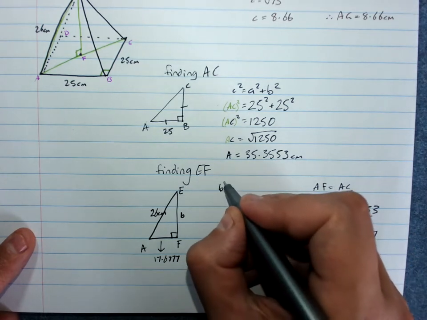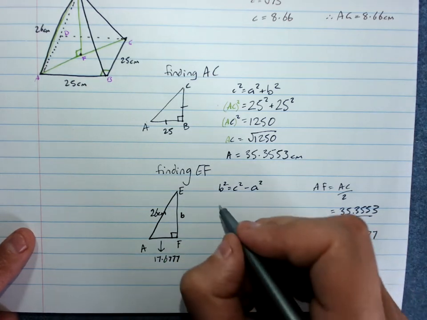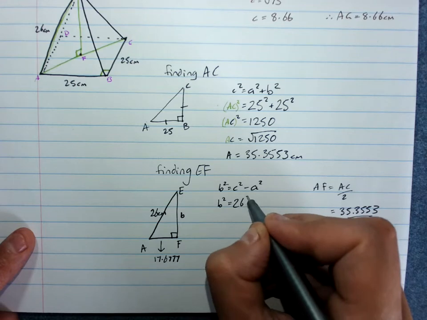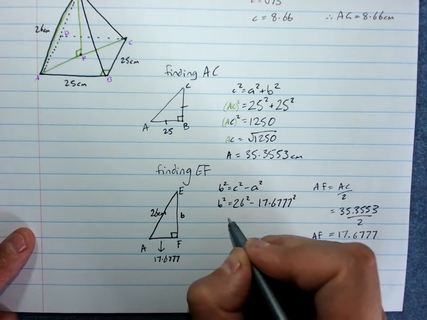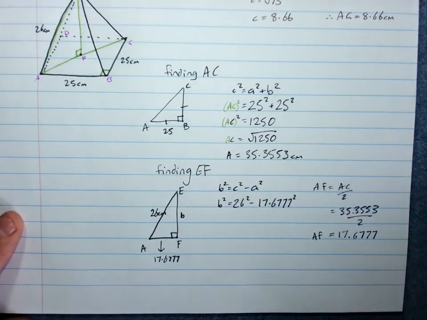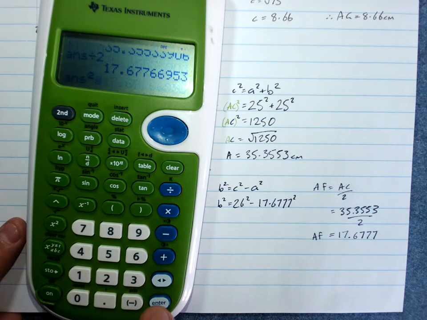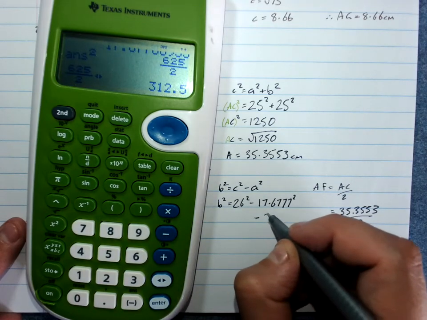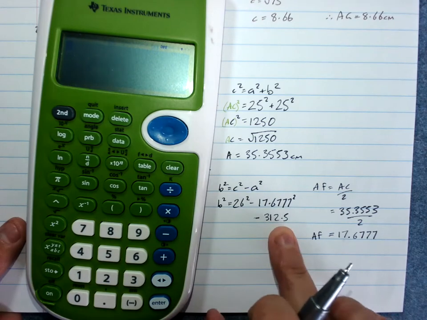Pythagoras' theorem, b squared equals c squared minus a squared, because of course I'm finding a short side. And doing our working. Might as well square that one to start with. So I just had that up, so I thought, look, I'll square that since it's there.